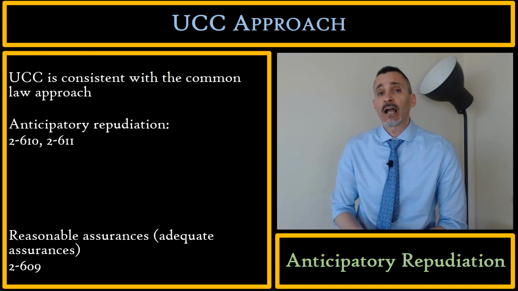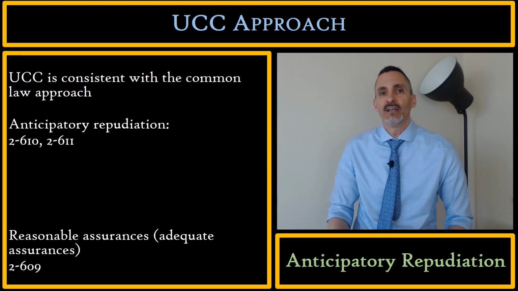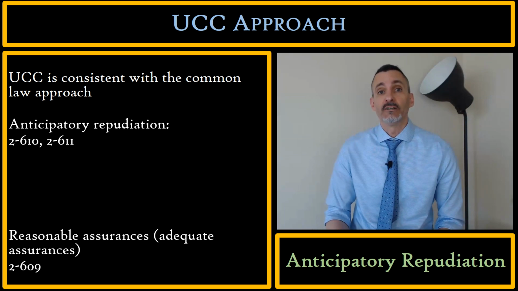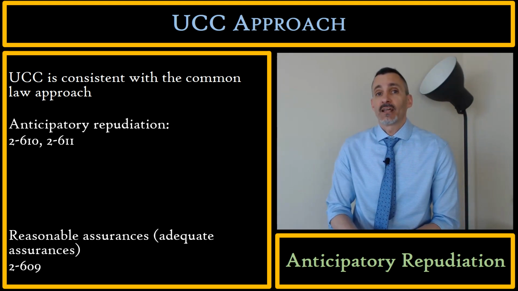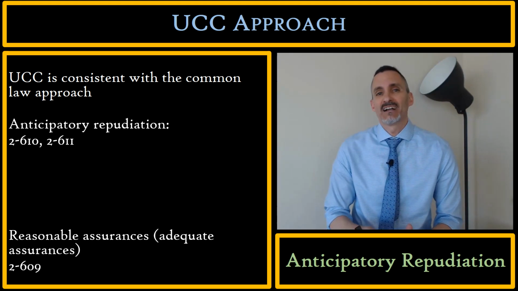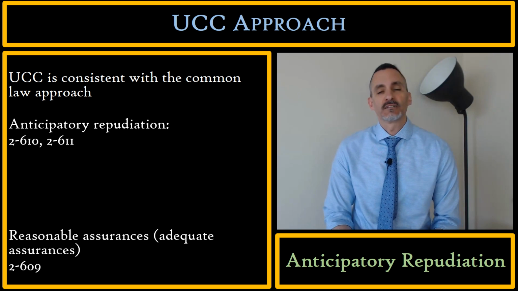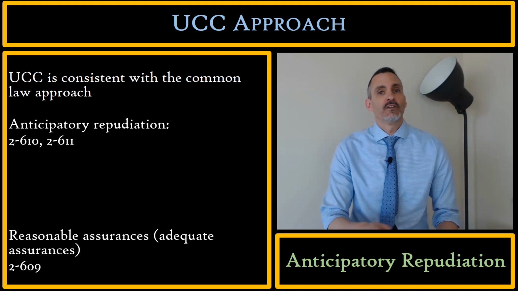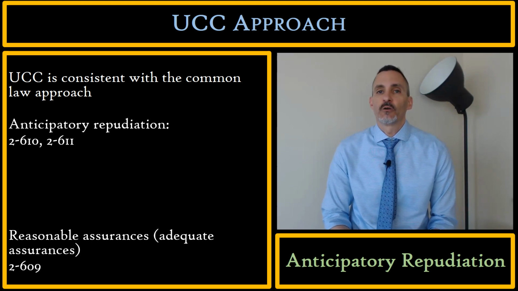Remember, our standard under the common law was that the anticipatory repudiation had to be a repudiation that would be a material breach. Here, I'm saying that I'm not going to be able to deliver 1 out of 1,000 widgets. Doesn't seem to be a material breach. So, is it perfect tender? No. But is it anticipatory repudiation?